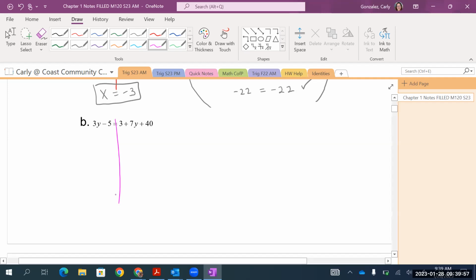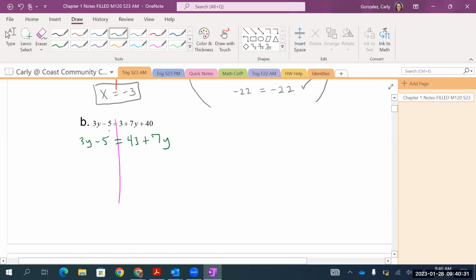On the right, we have 3 plus 7y plus 40. On that right-hand side, 3 is just a regular number, and 40 is also just a regular number. So those are like terms and can be added together. So we combine like terms on the right to get 43 plus 7y. On the left, I will just copy down 3y minus 5.